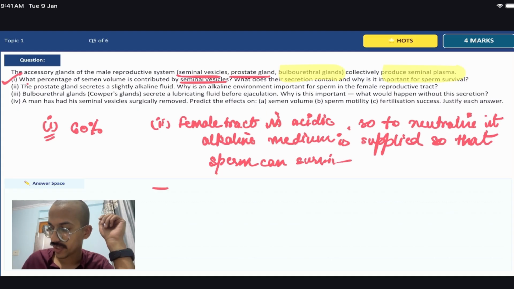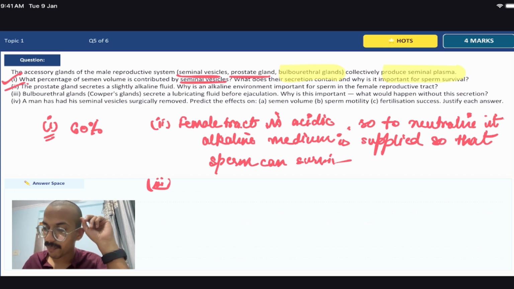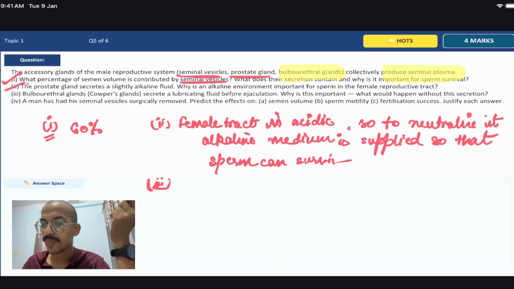Coming to the next one. The next question is, bulbourethral glands, also called Cowper's glands, secrete a lubricating fluid before ejaculation. Why is this important? What would happen without this secretion?